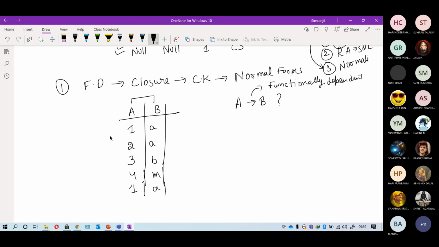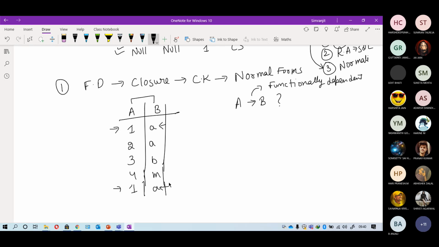Okay, so in a table, when you are saying A is functionally dependent upon B, what is the condition here? If the tuple on the left hand side, that is A, repeats, the right hand side of the tuple should also be repeated. As simple as that.